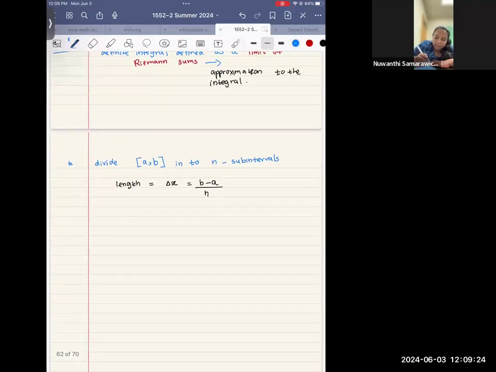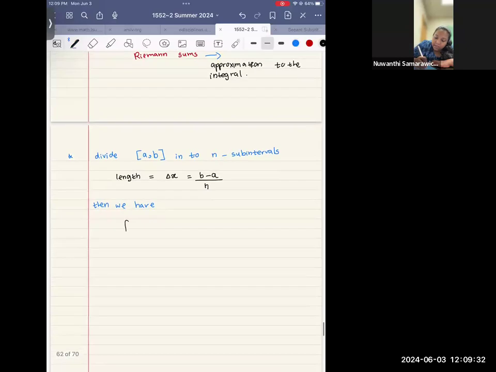And then we have the definite integral of f(x) dx. This is approximately equal to a sum of the y values, that is f of xi star delta x. This is the Riemann sum. What is this xi star?